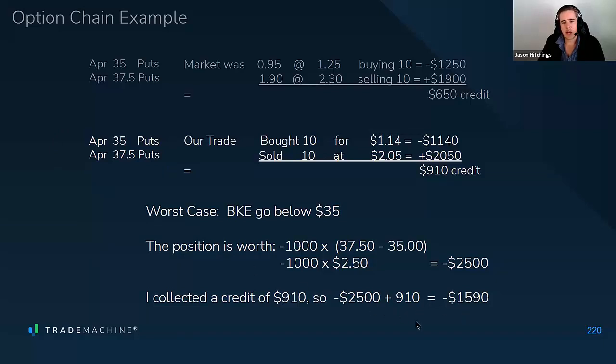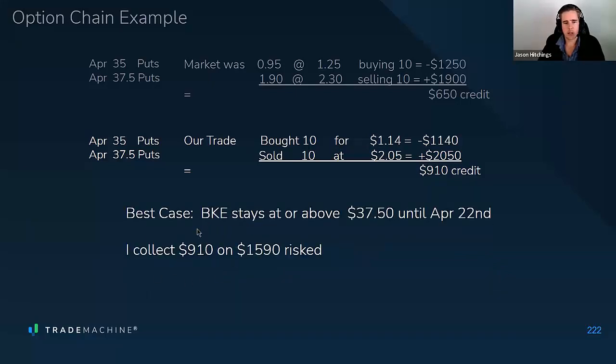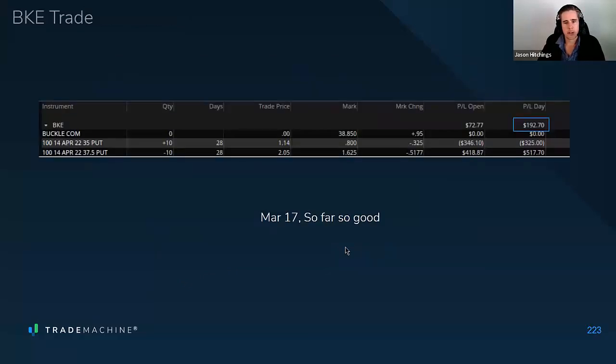But I collected 910 to start. So my worst case scenario is $1,590. Best case is the stock goes above 37.50 and I take my credit, take the 910. So far, day one, things are going fine, made a little profit, and I'll do a little post to the community when this thing goes through.